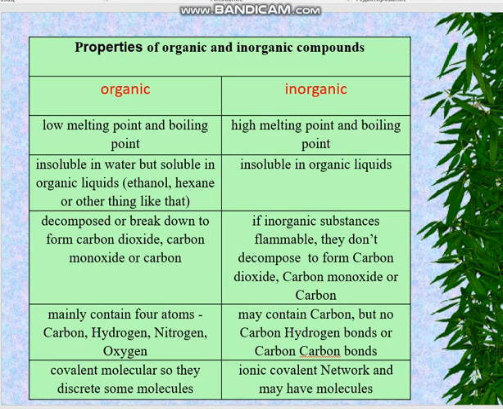And inorganic compounds may contain carbon, but no carbon-hydrogen bonds or carbon-carbon bonds. In the last column, you can see that organic compounds are covalent molecular, so they have discrete molecules, and inorganic are ionic or covalent network and may have molecules. These are the main properties of organic and inorganic compounds.